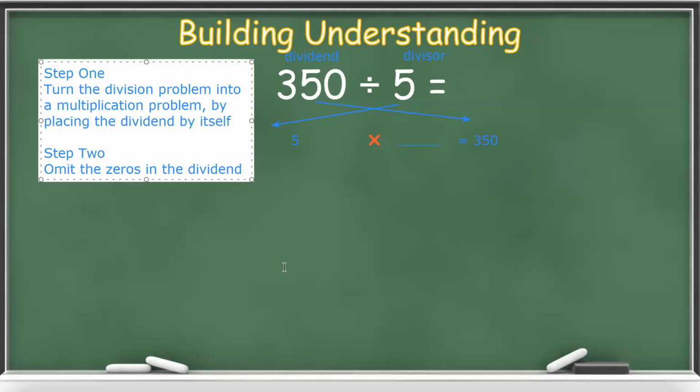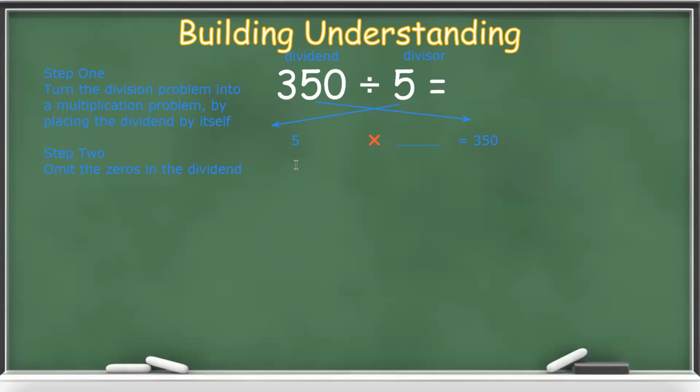So I'm going to omit my zeros. 5 times blank equals 35. So now I have a basic fact.